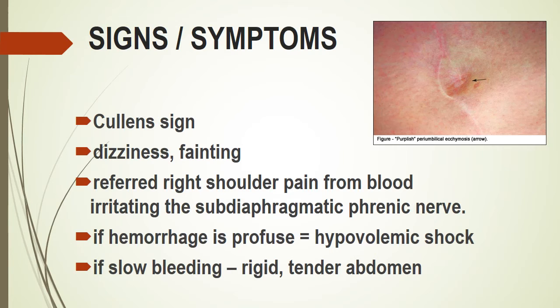If the hemorrhage is actually profuse, this patient is going to be showing signs and symptoms of hypovolemic shock. If it's a slow bleed and there's quite an accumulation of blood in the abdomen, it is going to be very rigid yet tender. So that's why it's very important that we get that pregnancy test early.